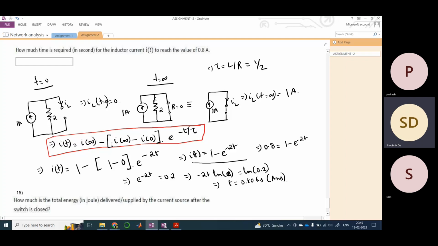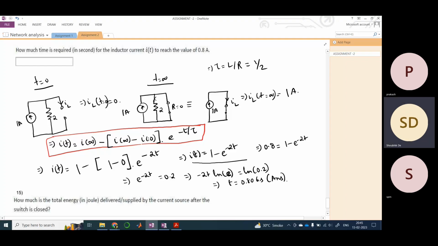So you need to know this formula. Here it would be something like V of t equals V of infinity, meaning V at time t equals infinity, minus V at time t equals 0, that is the initial state, and V at infinity is the steady state, into e to the power minus t by tau.